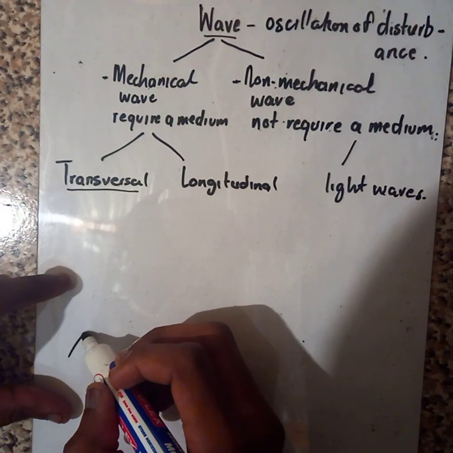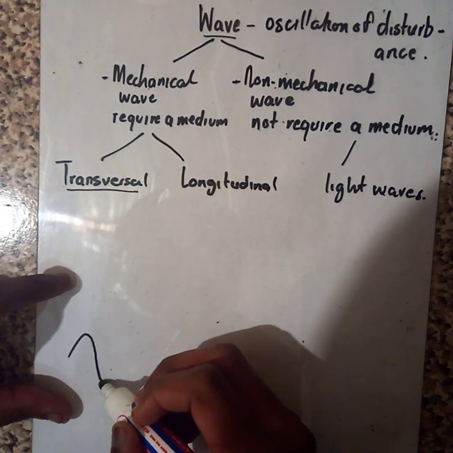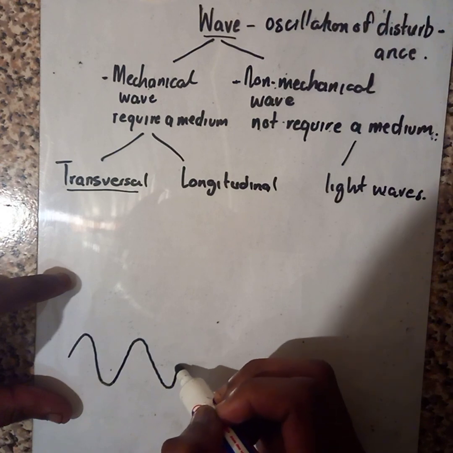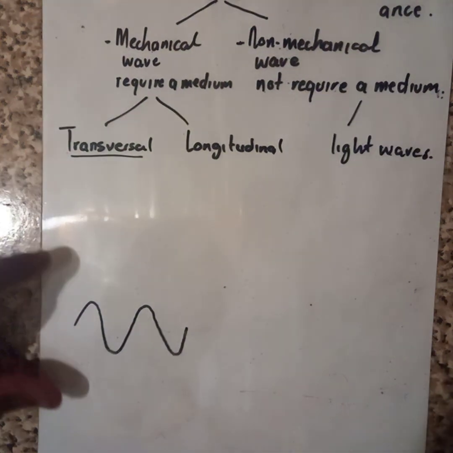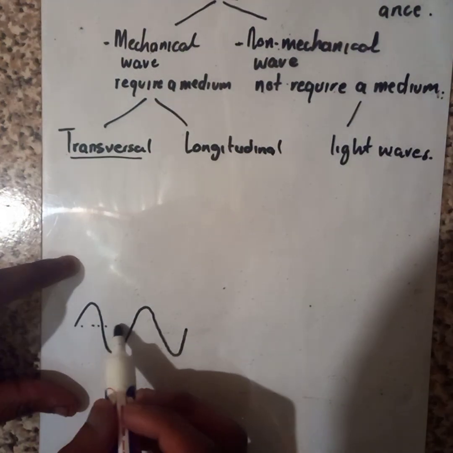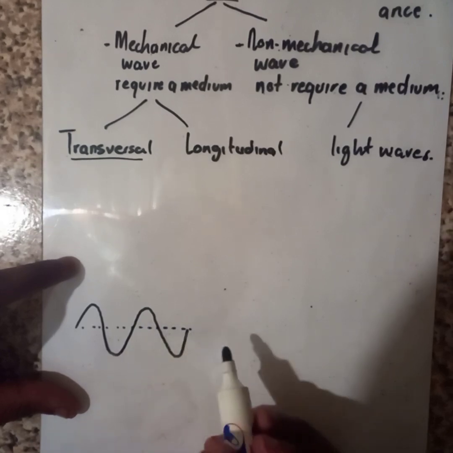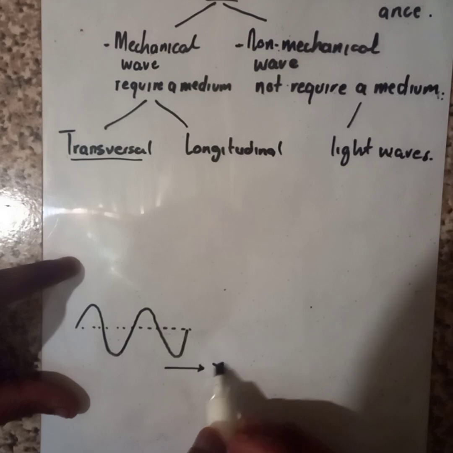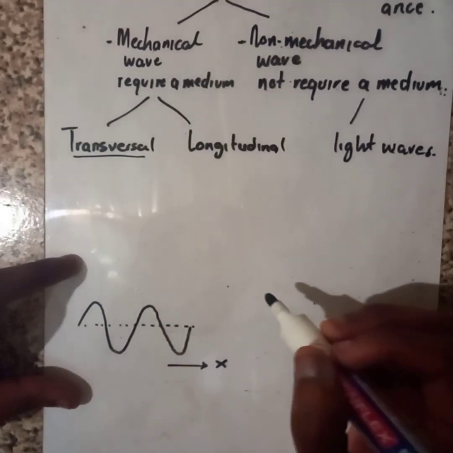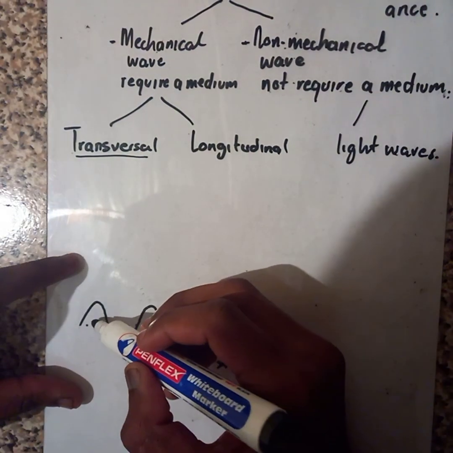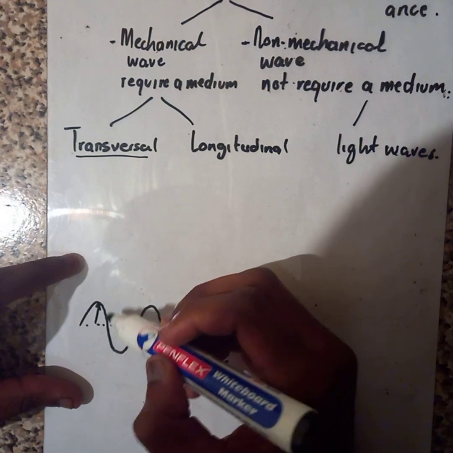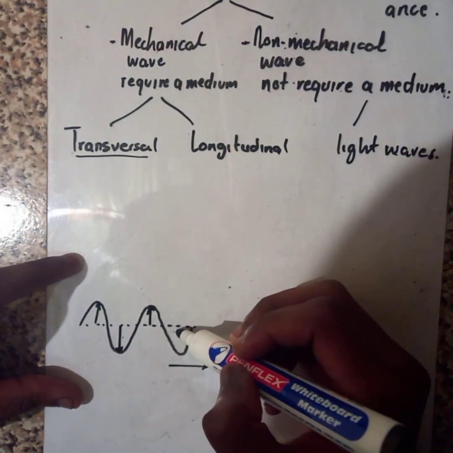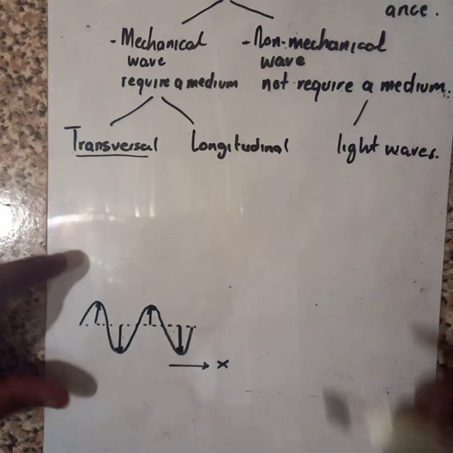Here we have a transversal wave which moves in the x direction, but its oscillations are always perpendicular to the direction of motion of that wave.